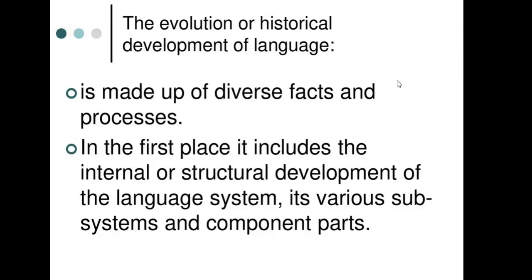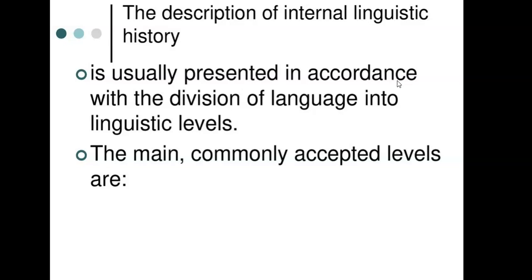The evolution or historical development of language is made up of diverse facts and processes. In the first place, it includes the internal or structural development of the language system, its various subsystems and component parts. The description of ancient linguistic history is usually presented in accordance with the division of language into linguistic levels.